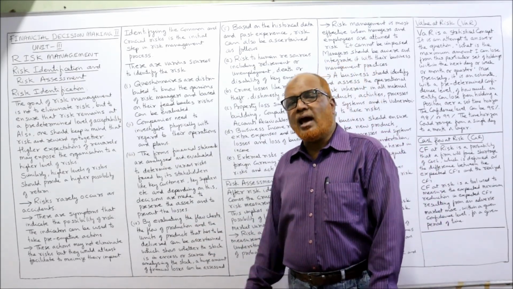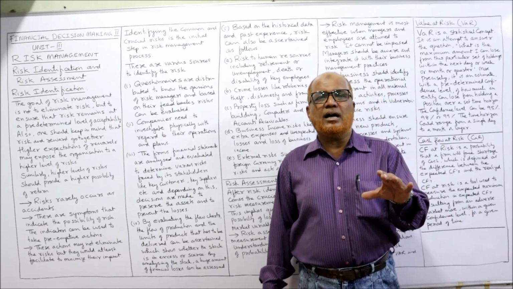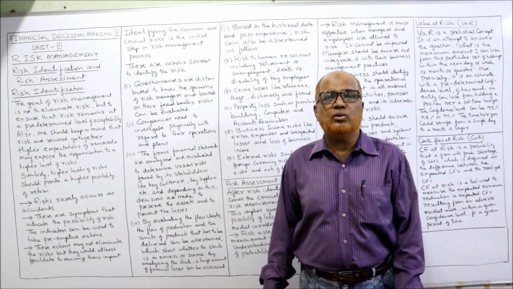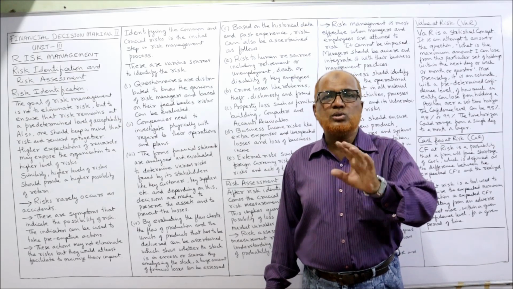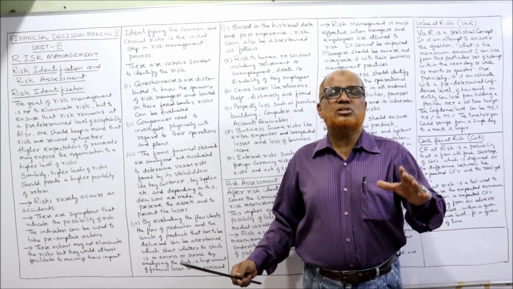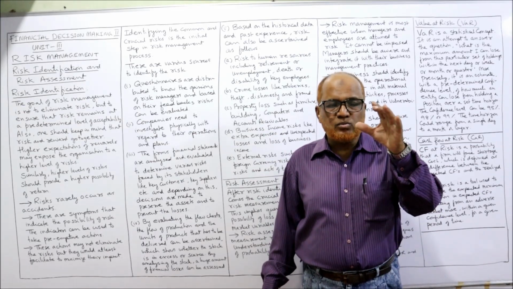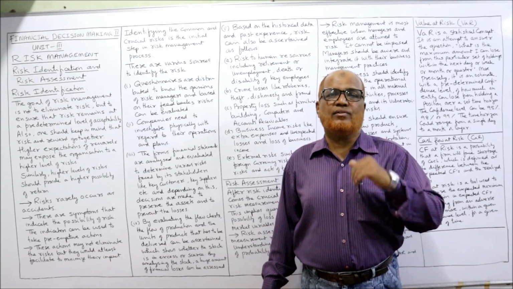Now, risk rarely happens as an accident. Remember, risk will not occur as an accident, or come into the business all of a sudden. There are some symptoms which show the risk of the business. So a business organization must know the sources, the symptoms of risk, the indicators of risk.